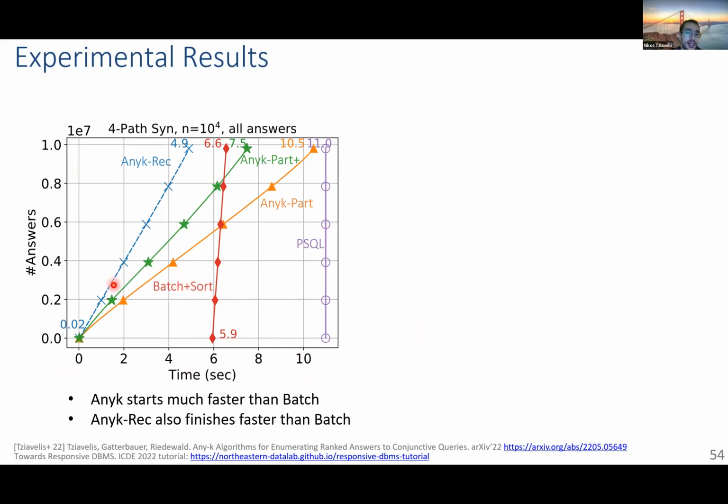On the other hand, the Anyk algorithms start returning answers very quickly, after 0.02 seconds. Here you get the best one. And you can see that indeed the recursive one here is faster than sorting by more than a second. The other two are not faster than sorting, but you can see that the Part plus algorithm is in between both of them.